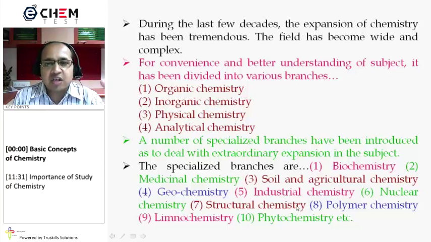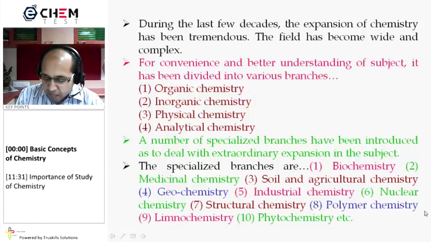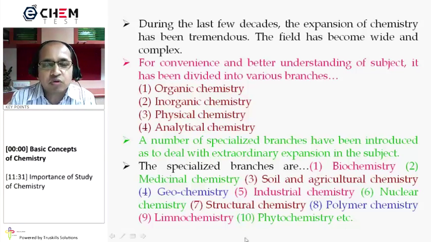In the same way, structural chemistry is where the role of structure in various molecules is studied. Polymer chemistry is related to various types of plastic and rubber materials. Limnochemistry is related to the chemistry of water, mainly fresh water. Phytochemistry is related to plants.